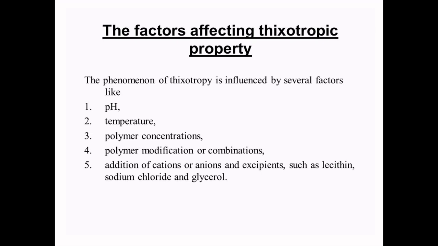They are mainly pH, temperature, polymer concentration, polymer modification or combination, addition of cations or anions, and excipients such as lecithin, sodium chloride, and glycerol. These are the factors which can affect the thixotropic property of a non-Newtonian system.